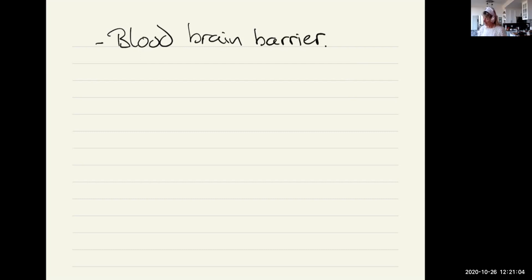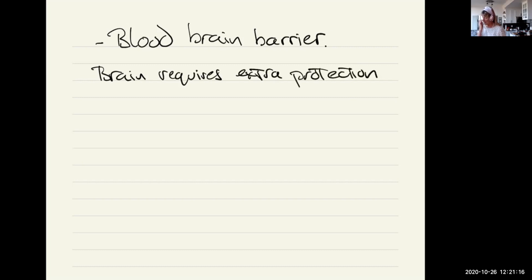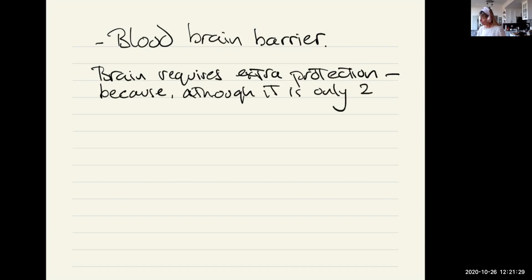Because the brain requires extra protection because although it is only about 2% of your body weight, it requires an enormous amount of oxygen and glucose.